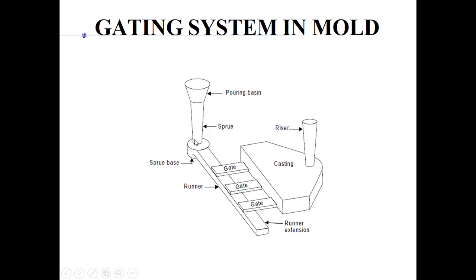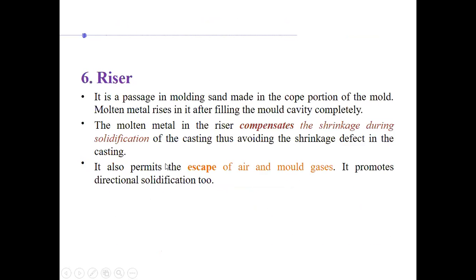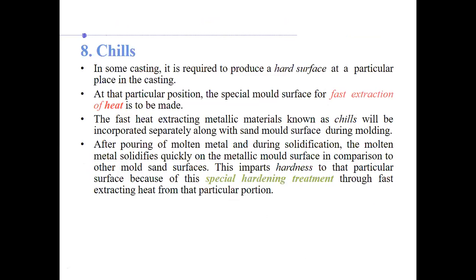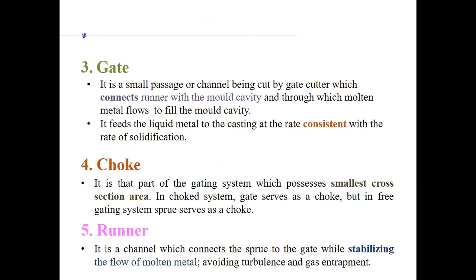Any sand that is eroded, if at all, would settle down here. Impurities would settle down, and therefore only the molten metal is allowed to go inside the runner. Okay, that's the sprue base.